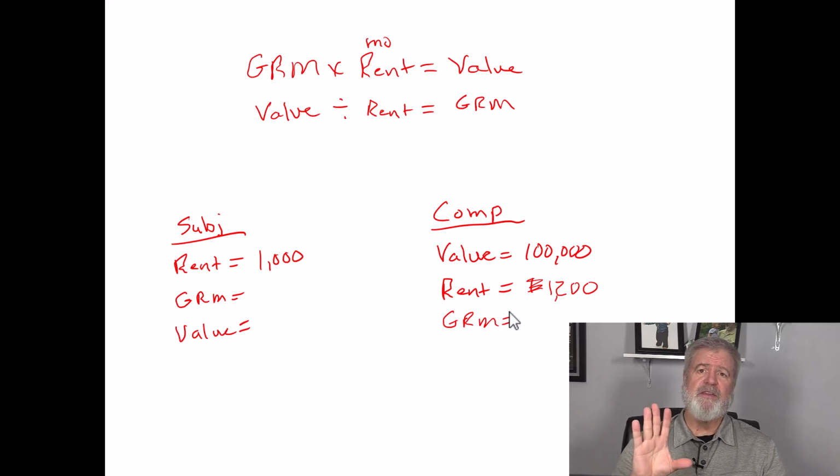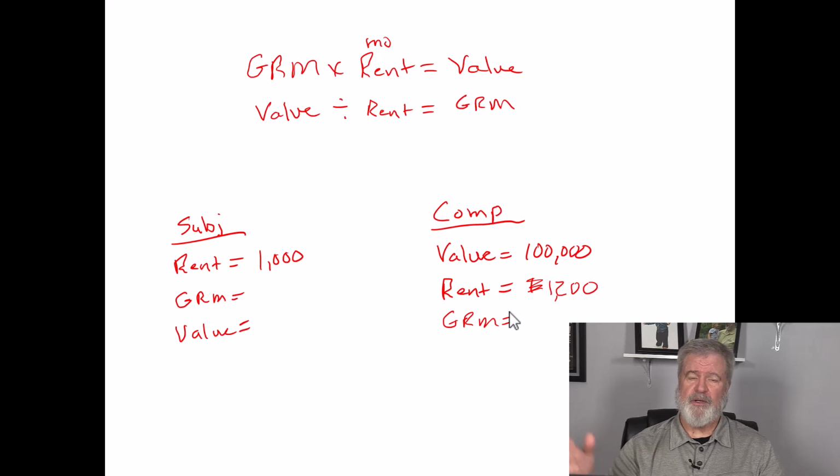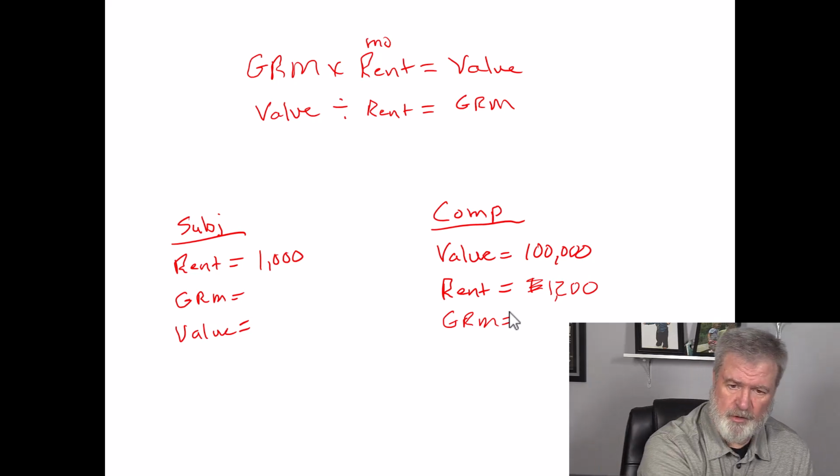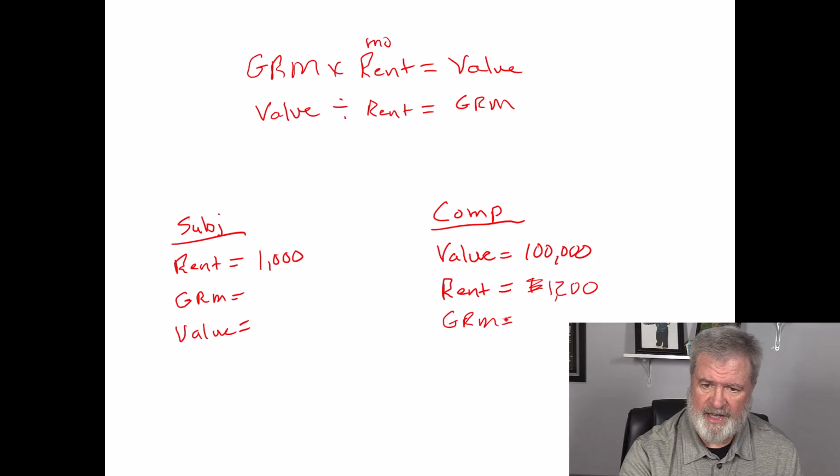Y'all, when you're taking the exam, just pay attention to what it tells you to do in the question. Now, I'm getting a gross rent multiplier of 83.333333. It might tell you to round the gross rent multiplier to the nearest whole number, which is what we're going to do here. And in this case, it would be 83. So let me just write that down. 83.